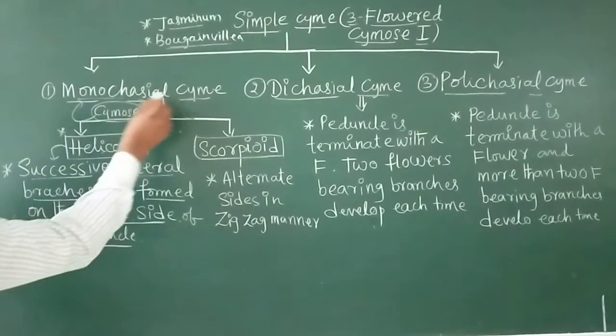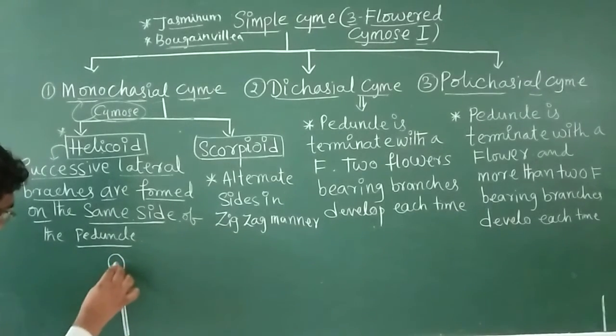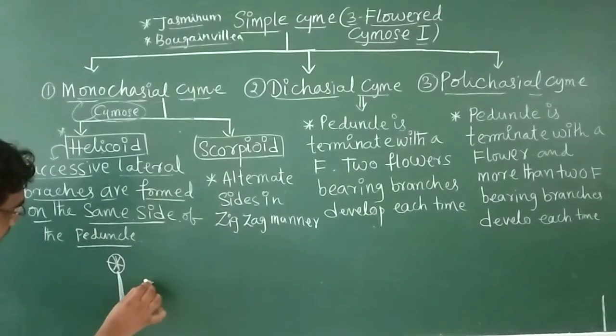In monochasial cyme, here this is the peduncle. The peduncle terminates with one flower. Again, one flower-bearing branch is formed on only one side. This is another flower.